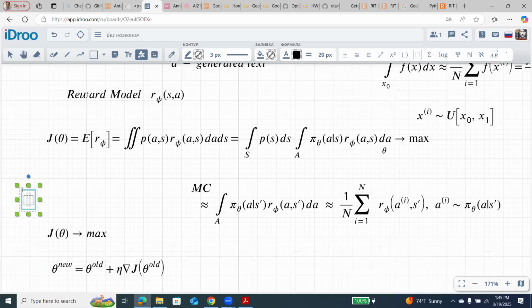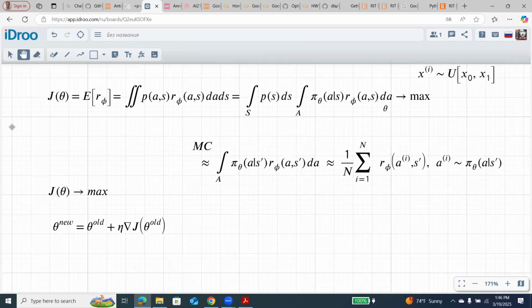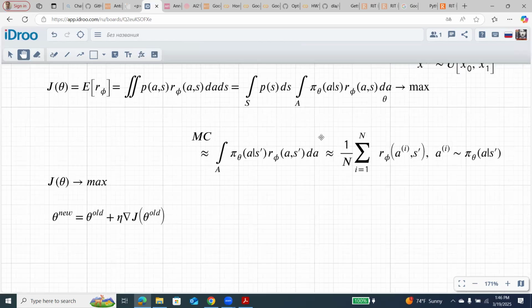But if we use this approximation of the integral, can we take a derivative with respect to theta in this sum? There is no theta. So this means that the second approximation is not useful for our case.